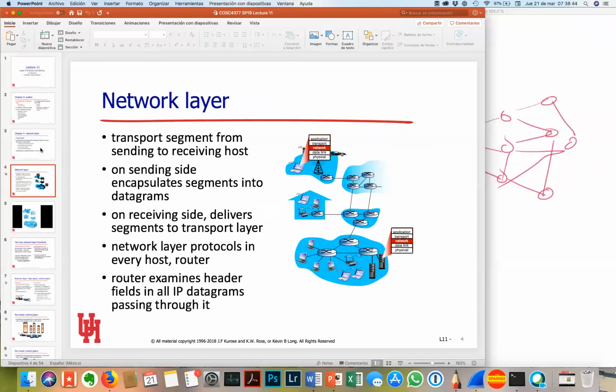So the idea of the network layer is to get things from one device to the next. And it's the first layer we've looked at, having started at application and moved down to transport, and now we're at network, where you've got every device from end to end that runs this layer. So all the routers from one end of this to the other all run the network layer. So here's the first time where we're really worried about hop to hop to hop.